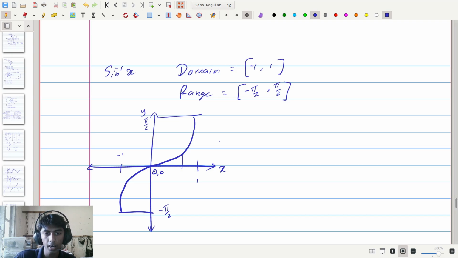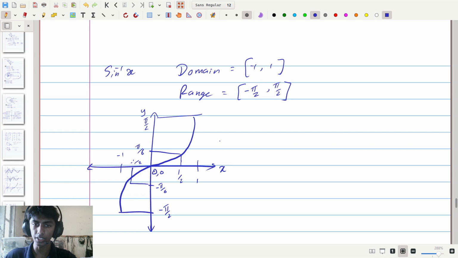If we had 1/2 here, a half would correspond to π/6. Similarly, -half would correspond to -π/6, like so.